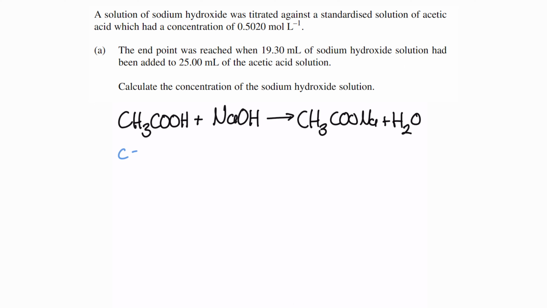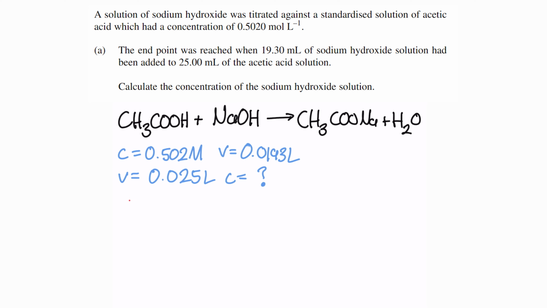So we know the concentration of acetic acid is 0.502 moles per liter, and that the volume is 25 mL, or 0.025 liters. We know the volume of NaOH used to reach the end point is 0.0193 liters, and our concentration is what we're looking for.